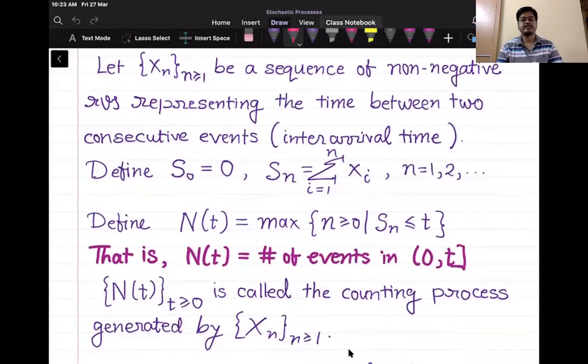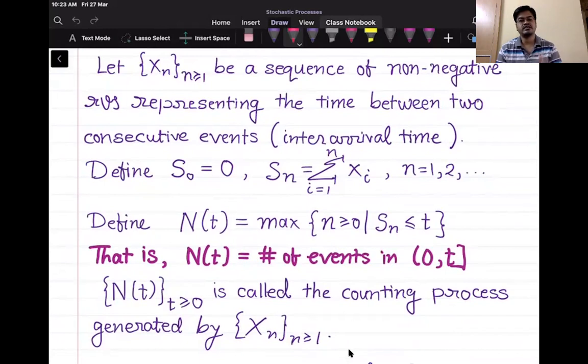If X_n is a sequence of non-negative random variables representing the time between two consecutive events, this time between two consecutive events is called the interarrival time, and it is random. That is why we are denoting it by X_n. Now you define S_0 to be equal to 0.